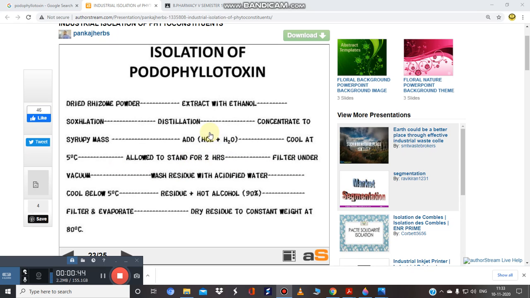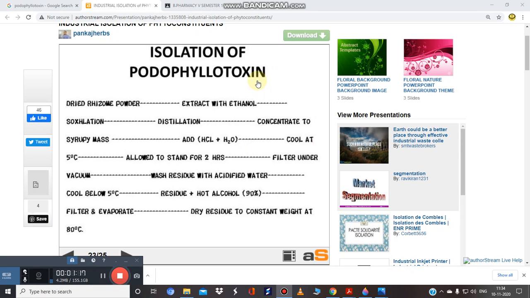Okay, when you add HCl, after 2 hours, what you will do? You will do simple filtration, and you will again use acid. You again wash your residue or treat your residue with the acidified water. Okay, and then again you will cool or set aside for several minutes, and finally you will add hot alcohol solution into it, and you will again filter it and evaporate, and finally you will obtain a dry residue and purify it.